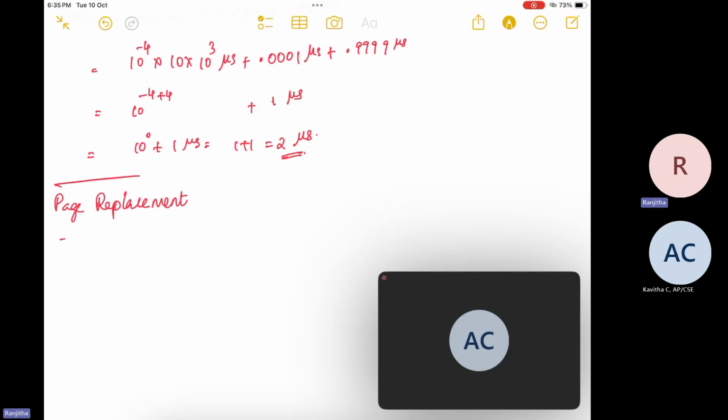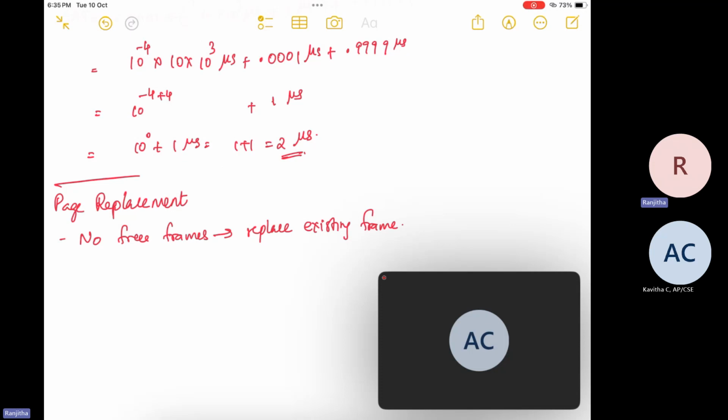So if there are no free frames, then we have to replace one of the existing frames. So this is nothing but page replacement. Okay. So we need to find a page in the memory such that even if we replace it, its impact on the overall system performance will be minimal.